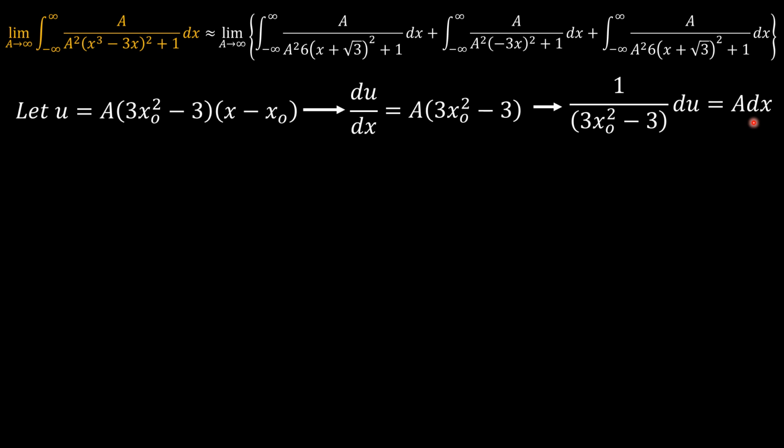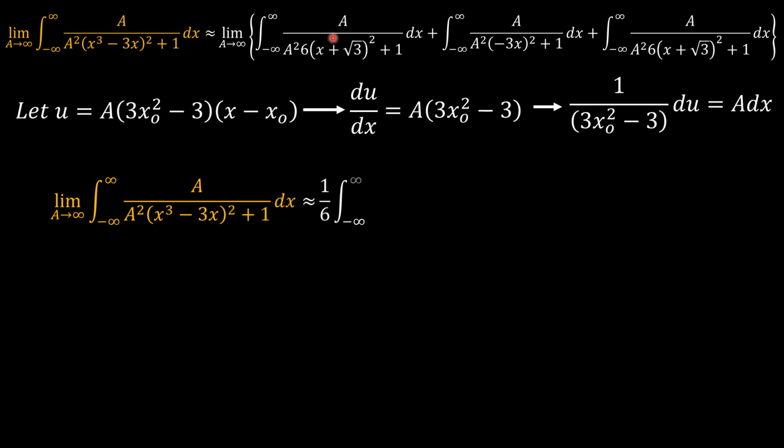Okay, so substituting u in place of x, for this specific area we have u in place of this, but obviously a dx becomes 1 over 6 du.